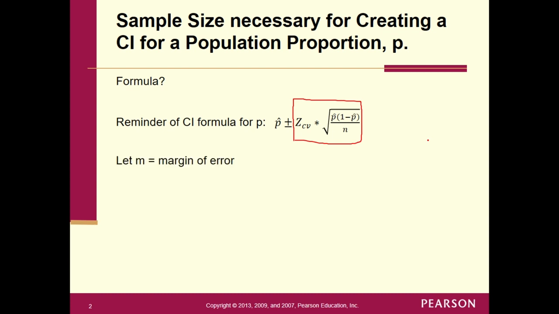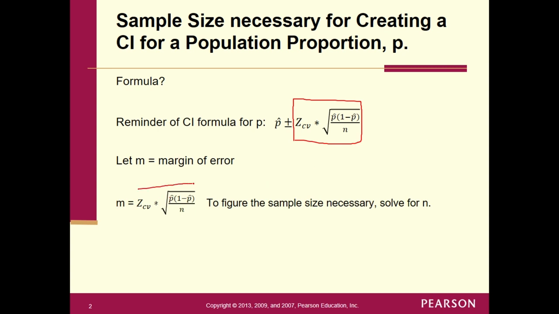We're going to let m be equal to the margin of error. So we're going to set m equal to that, notice what we did here. To figure out the formula necessary to create a confidence interval for the population proportion P, all we have to do is now solve for n in this formula.